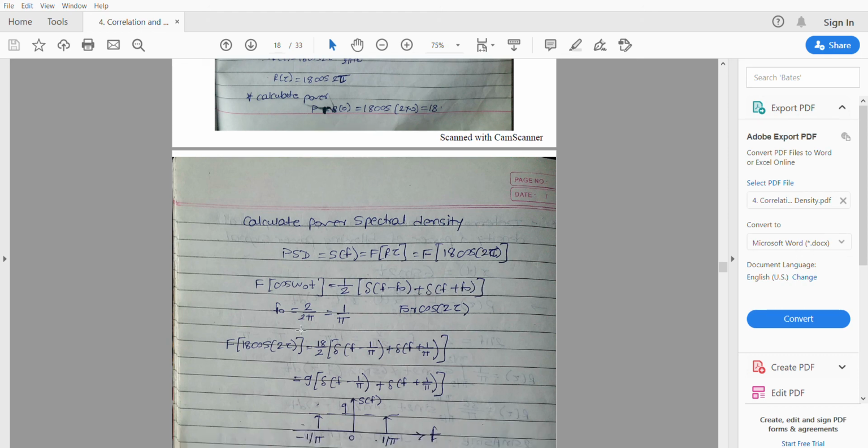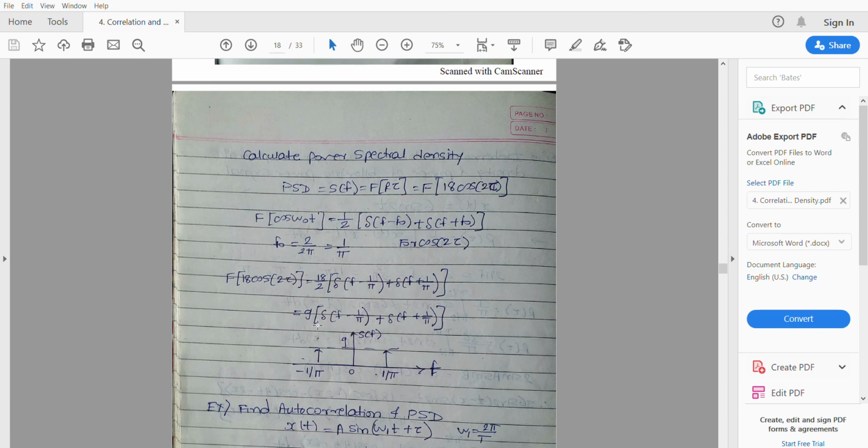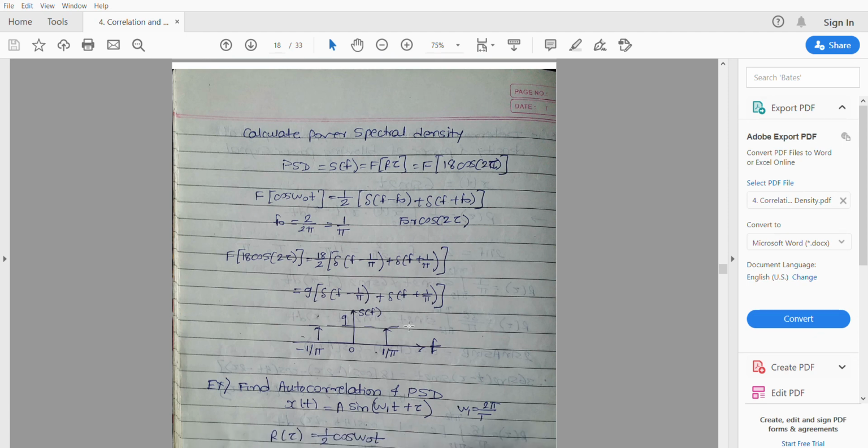From the given equation, omega is equal to 2, by which we can find f, and substitute it here. So this is the power spectral density of the given signal.